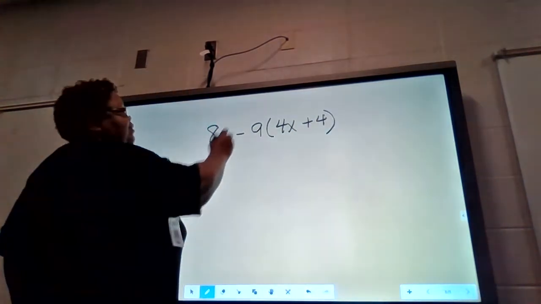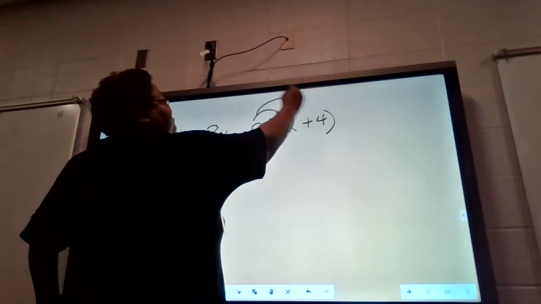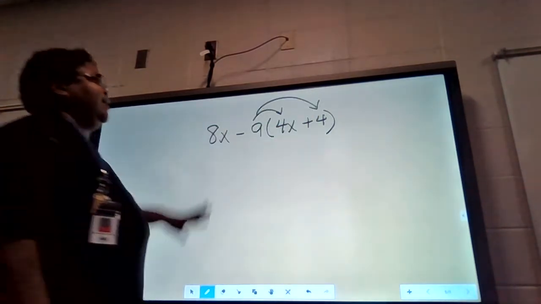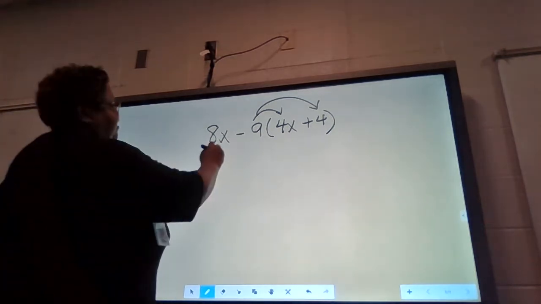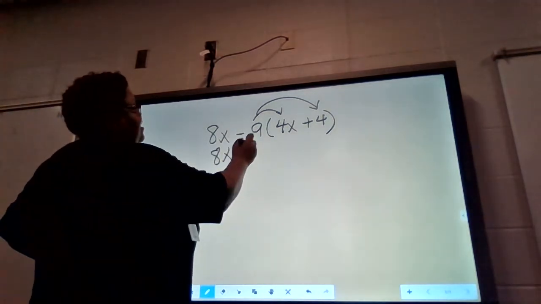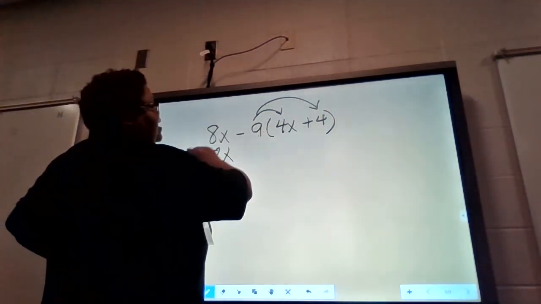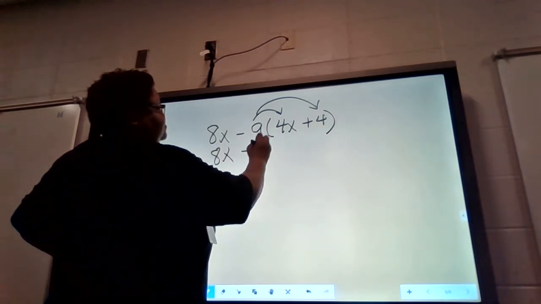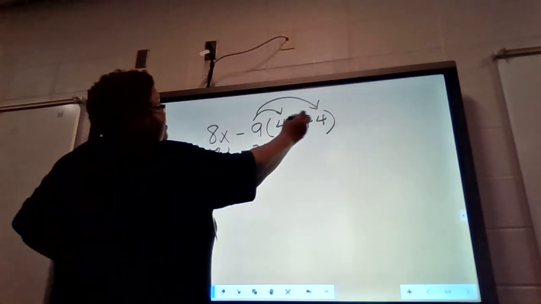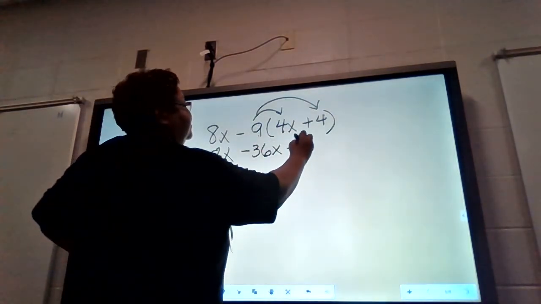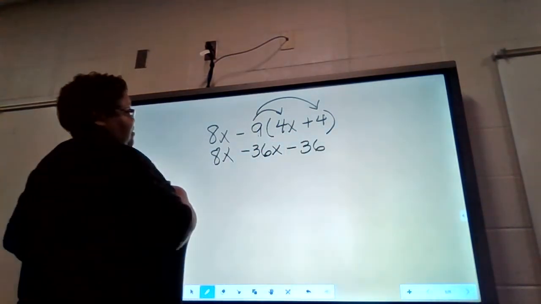First thing I'm going to do is my distributive property. I'm not bothering the 8x right now, I'm just going to bring it down. Now I have a negative 9 times a positive 4x. That's a negative 36x. And then a negative 9 times a positive 4 is a negative 36.